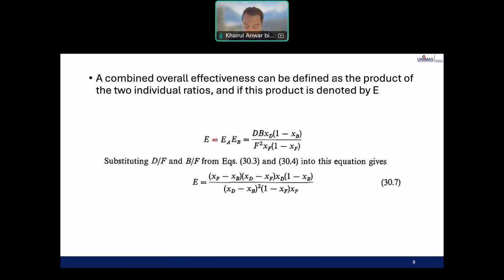So we have 30.7. So E, the screen effectiveness, equals this. So this is the complete equation. But you need to know XF, XB, XT.